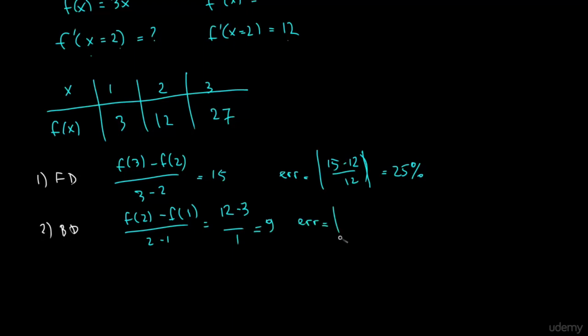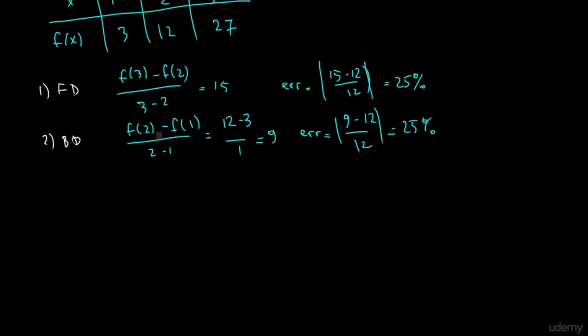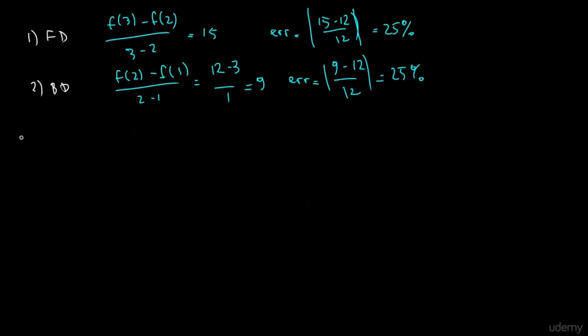And if we calculate the error, we get the modulus of 9 minus 12, divided by 12. So that's once again a 25% error. So in both the forward difference and the backward difference, we're getting quite a significant error. Obviously, if we moved the points 1 and 3 closer to the value of 2, we might get better results. But for this example, we're not going to do that. We're going to consider the central difference next.